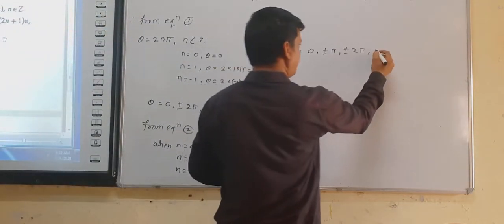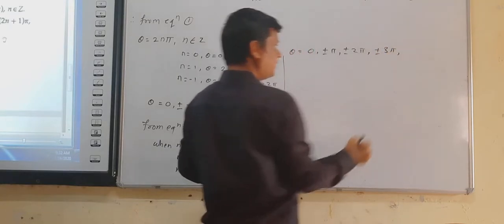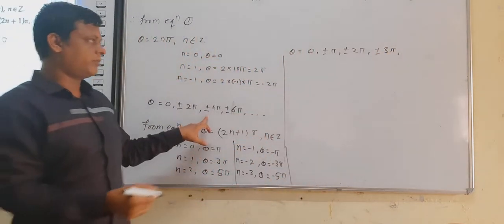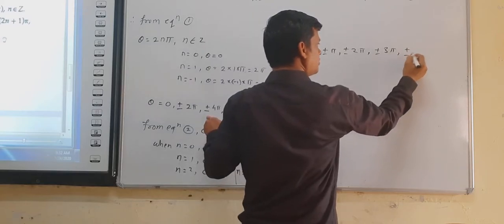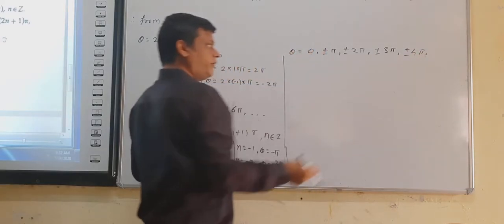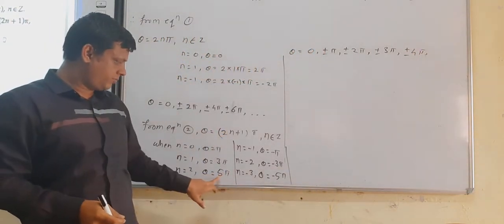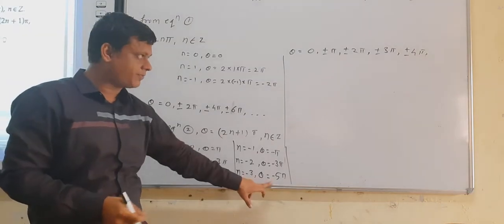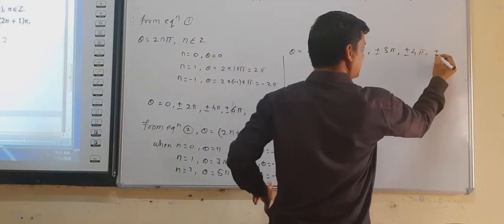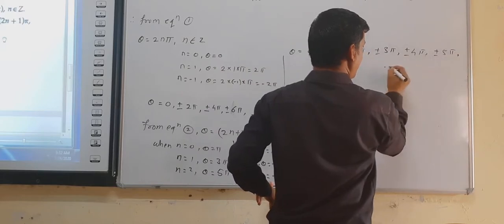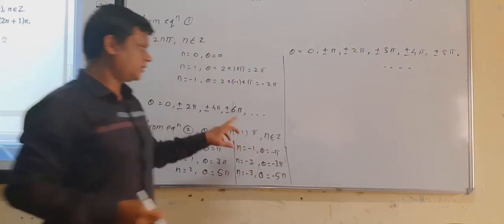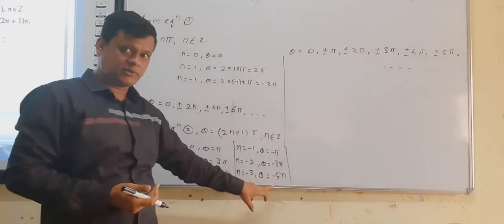From this we write plus or minus 3 pi. Then the next value, plus or minus 4 pi. What will be the next value? Plus 5 pi, minus 5 pi. That means plus or minus 5 pi, and so on. Plus or minus 6 pi, plus or minus 7 pi.